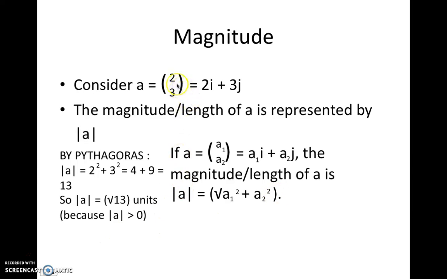Here a1 and a2 are 2 and 3 respectively. So we input it into the formula: 2 squared add 3 squared is equal to 4 add 9, which is equal to 13. So the length of A is root 13, and it has to be positive because it cannot equal a negative number, because it's a magnitude.